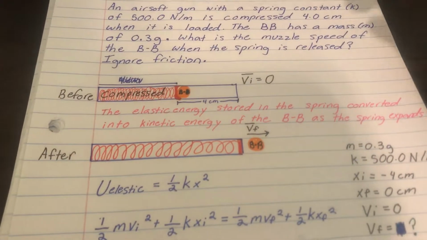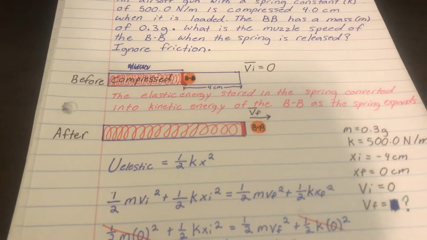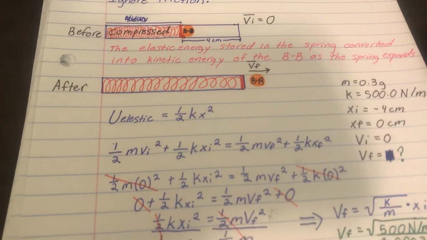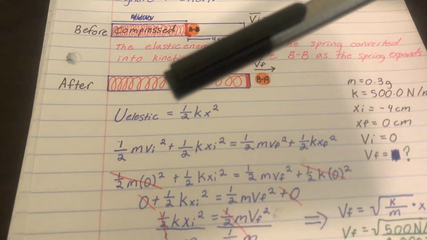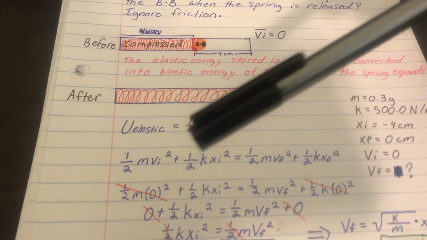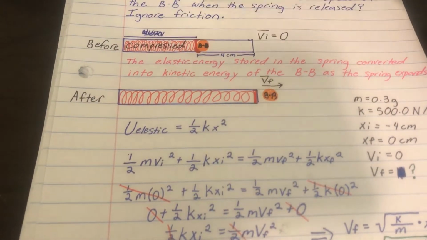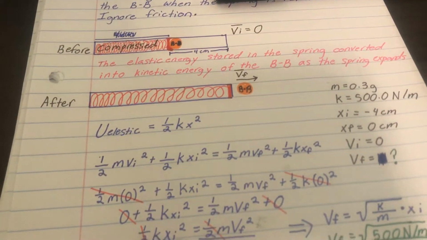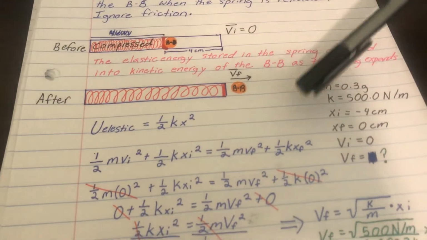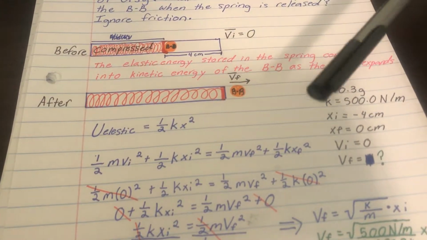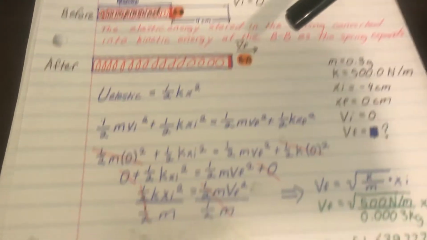And I have this equation: 1/2 mass times initial velocity squared plus 1/2 spring constant x initial squared equals 1/2 mass times final velocity squared plus 1/2 spring constant x final squared.